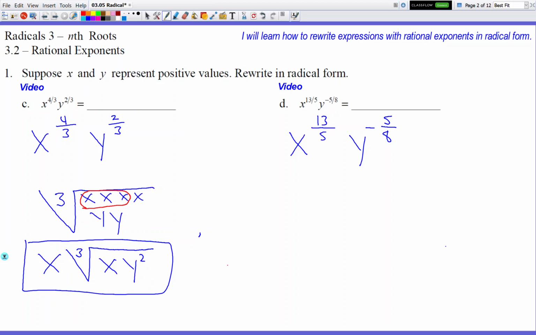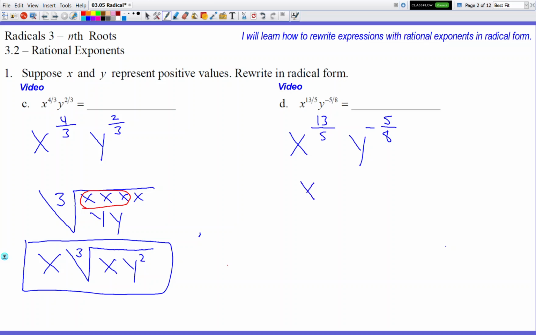The negative says to grab the entire thing and put it in a different location. In this case, the negative is going to either tell the y to go up top, or tell it to go on the bottom. But since the y is considered on the top, because there's nothing underneath it, that's why you know it's going to be going on the bottom. Then when I rewrite this problem, it's going to look like this.